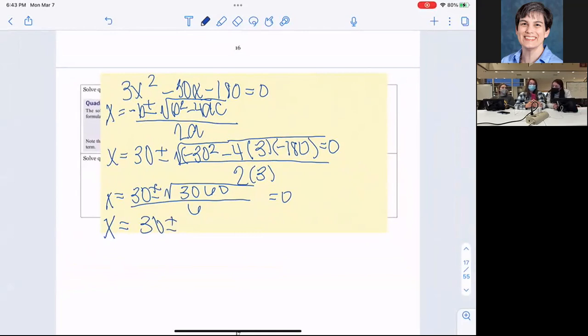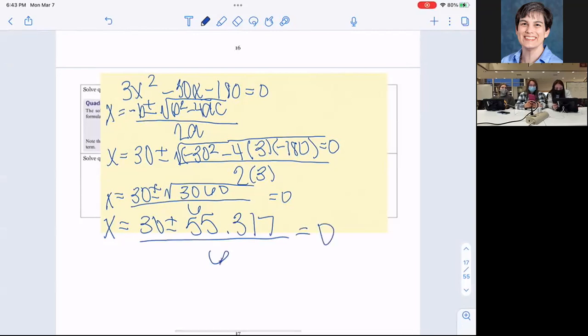Just run it to like the third, and then the square root of 3060 is rounded to 55.317. Okay. And then once you do all of that, you can put all of that in your calculator, and you will get 14.219.